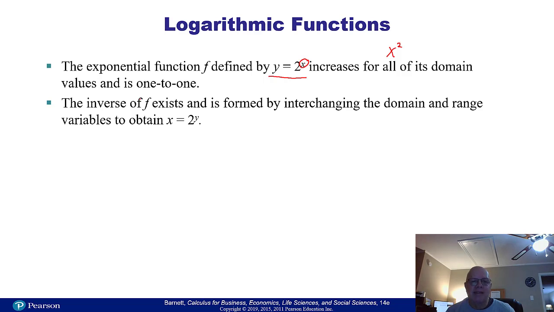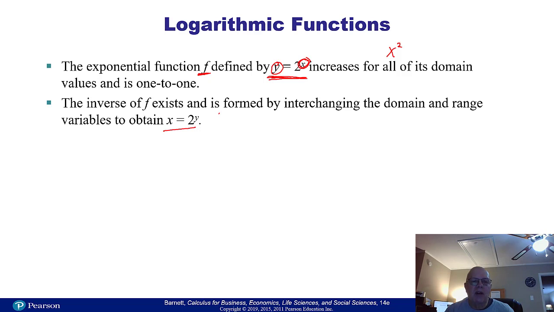The inverse exists then, and if we take this function right here, this formula, this equation, and switch the x's and y's, switch the x with the y, this is what we have. And we've got an inverse of the original function f.